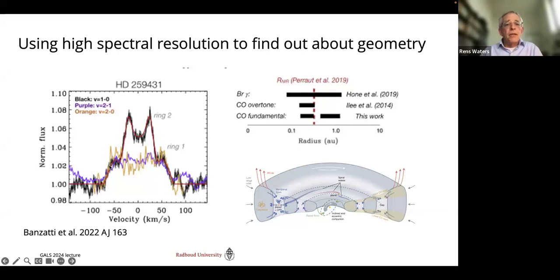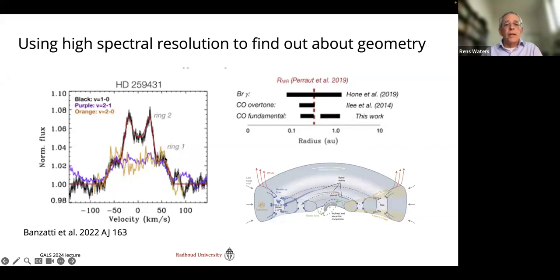And what you can see here is this double peak, which is typically the signature of a rotating Keplerian disk. But in fact, in this case, you see two peaks measured in the different ro-vibrational bands. The v=2-0 band, at 2.32 microns of CO, probes very hot gas.